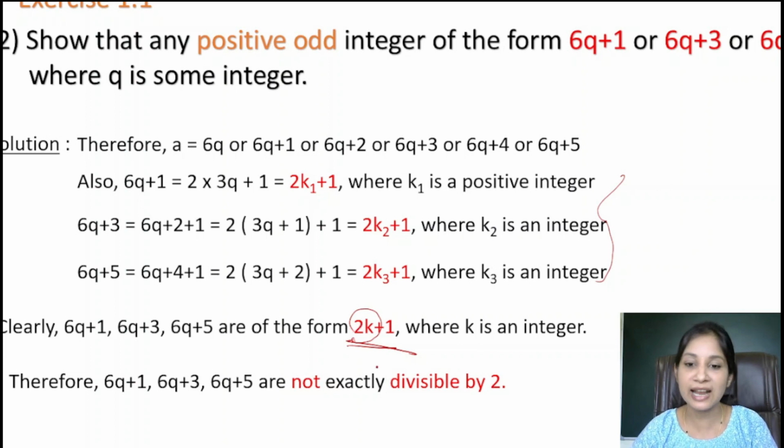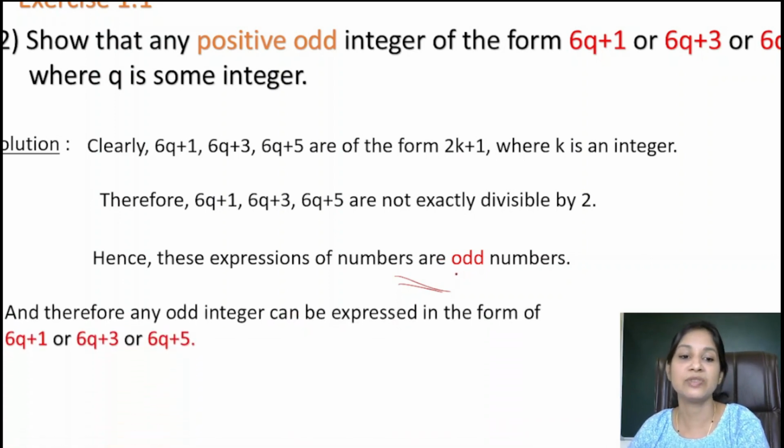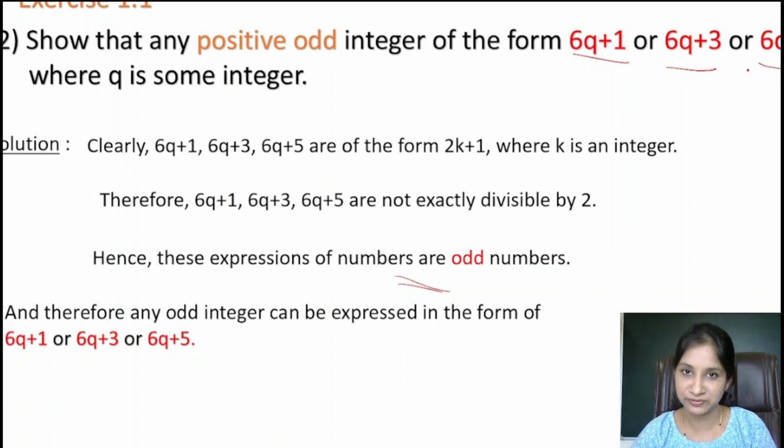So it is not exactly divisible by 2, hence it is an odd number. So we can conclude that any positive odd integer a can be expressed in the form of only 6q plus 1 or 6q plus 3 or 6q plus 5.